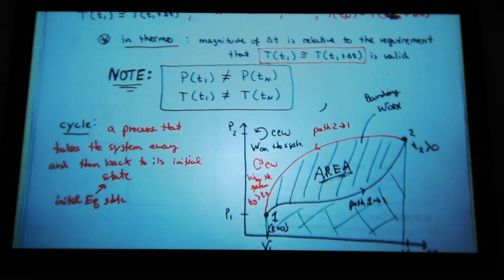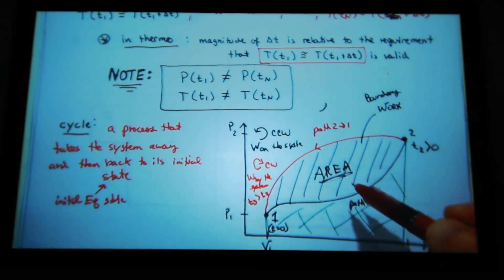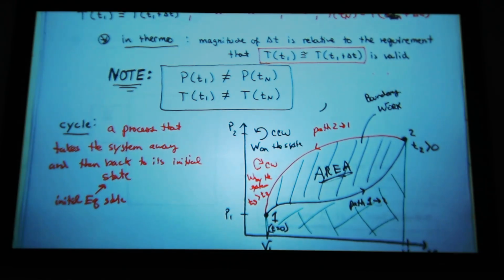So immediately looking at this curve, and I just drew it, I can tell you that this represents the work, what? Pump. It can be of a pump. But it's the work on the system. So this represents the work input to an energy consuming device.